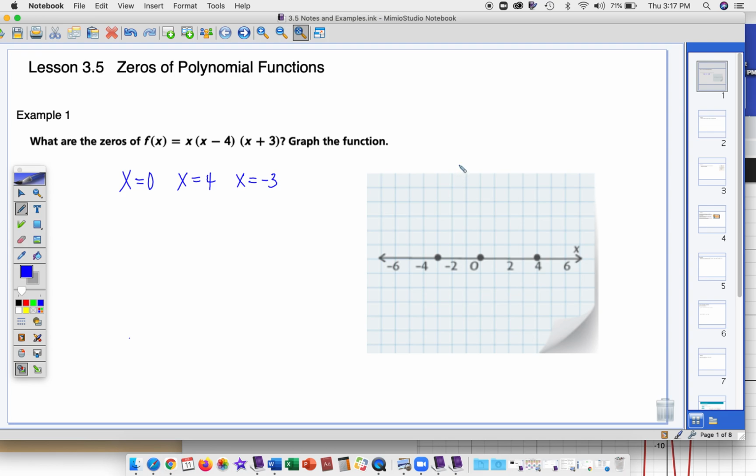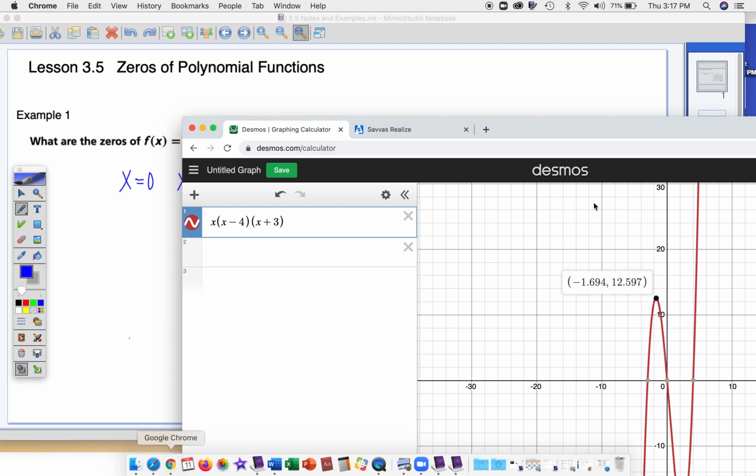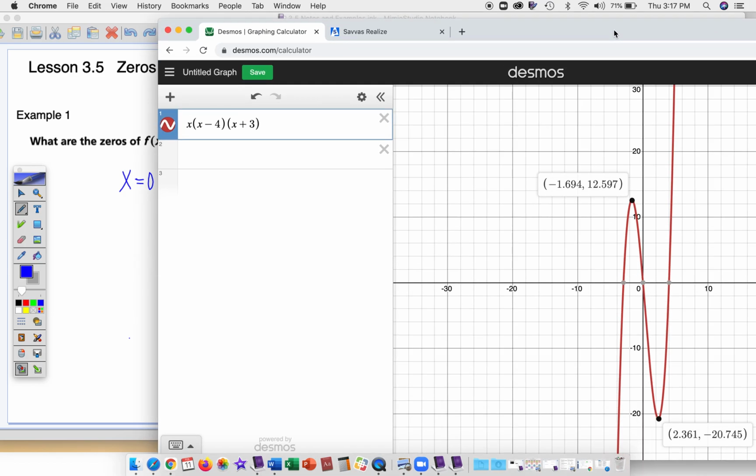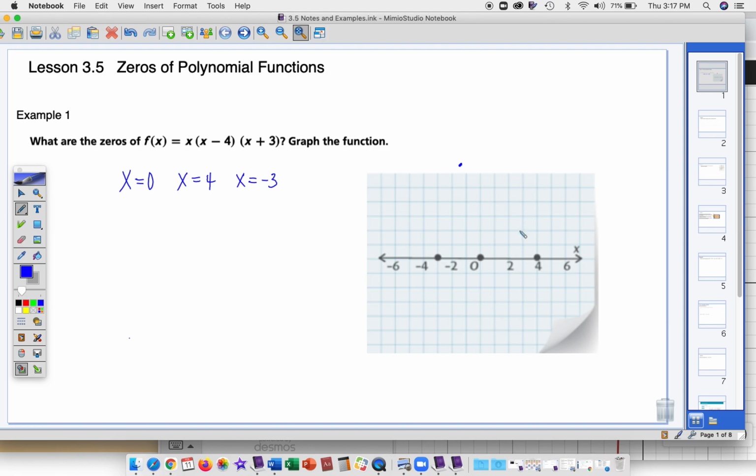So a little bit above the grid here. And then for my other turning point, let's see where that one was. So that's about 2.3, negative 20, almost negative 21. So 2.3, 2, 4, 6, 8, 10, 12, 14. It's going to be about down here.